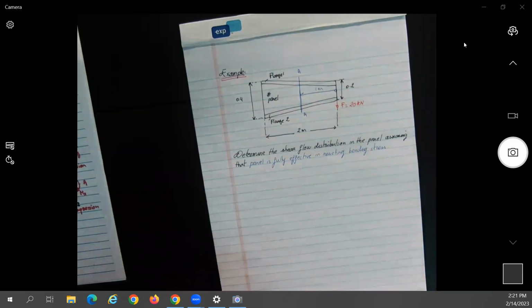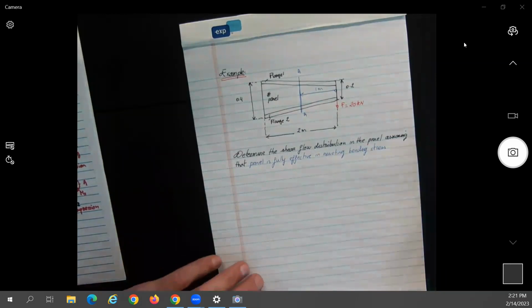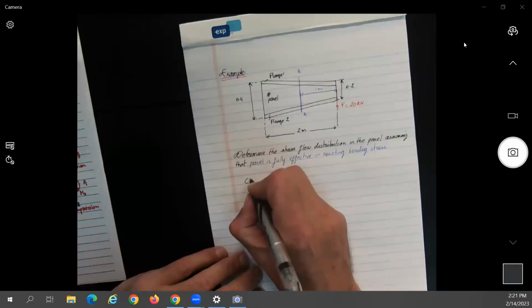So basically, the other day we studied two cases. We said one, that the panel wasn't going to be effective in resisting bending stresses, and the other one, that yes. So this case is case 2.